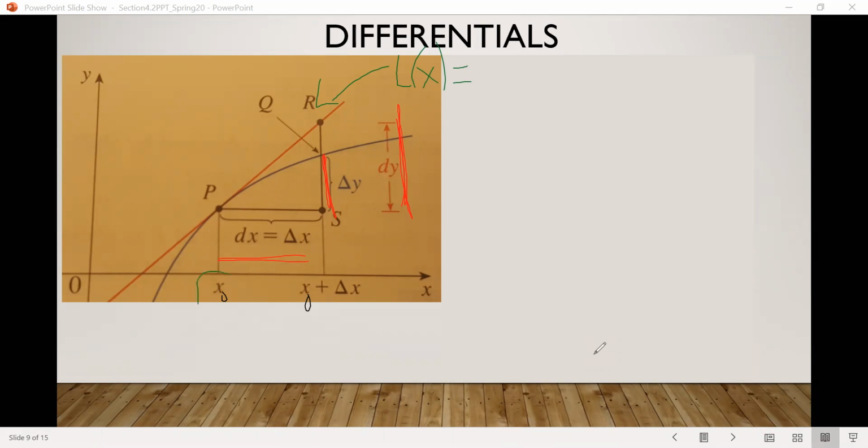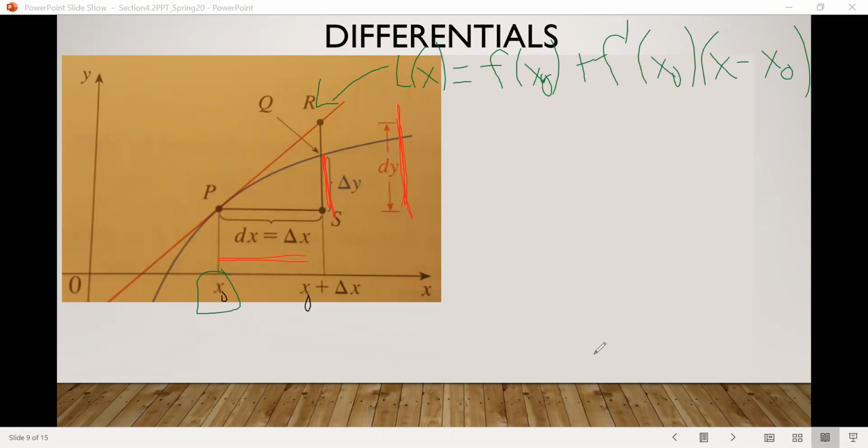So if our starting point is x sub naught, then based on what we found out in the previous video, the formula for the tangent line here is f of x sub naught plus f prime of x sub naught times x minus x sub naught. Okay, so you recall that, check back in your notes, check back at the previous video, we saw that.